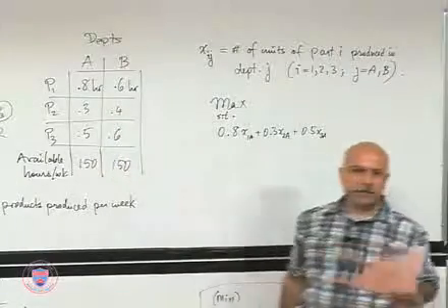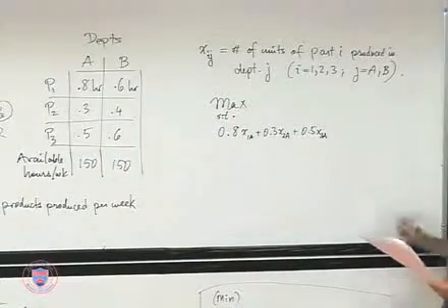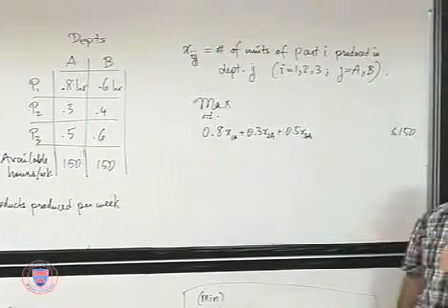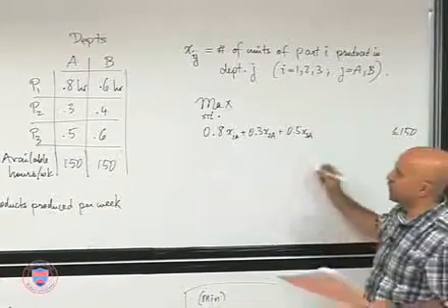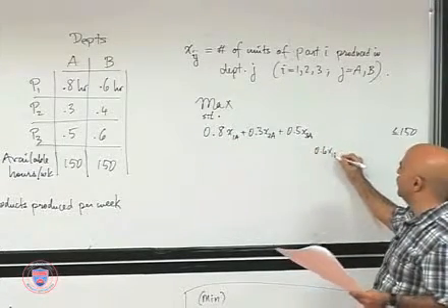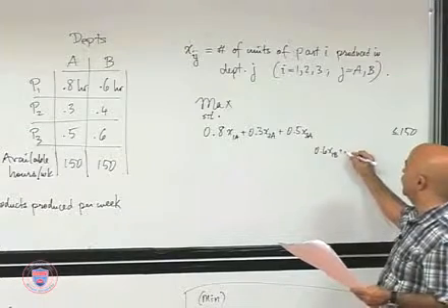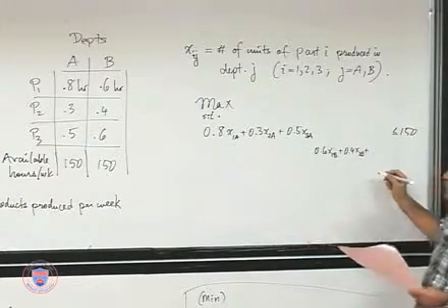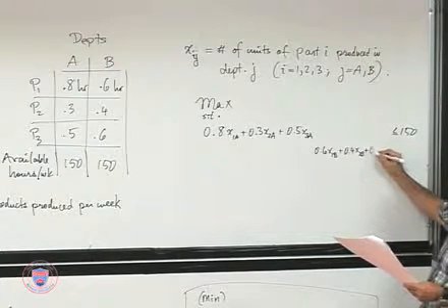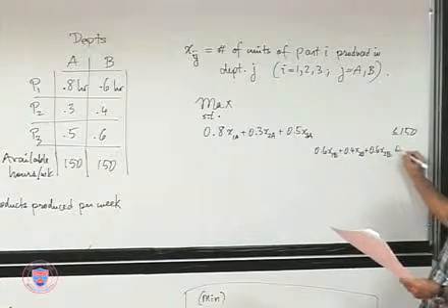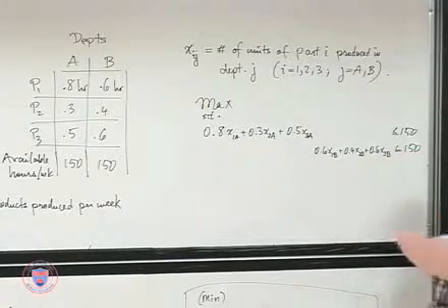That's the total time you spend in the first department. That's supposed to be less than or equal to 150. Similarly, for the second department, 0.6 x1b plus 0.4 x2b plus 0.6 x3b is less than or equal to 150.